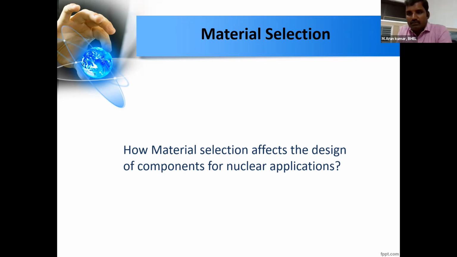But what happens when we use austenitic stainless steel? The strength at higher temperature comes down, so we have to go for ferritic steels in nuclear applications.